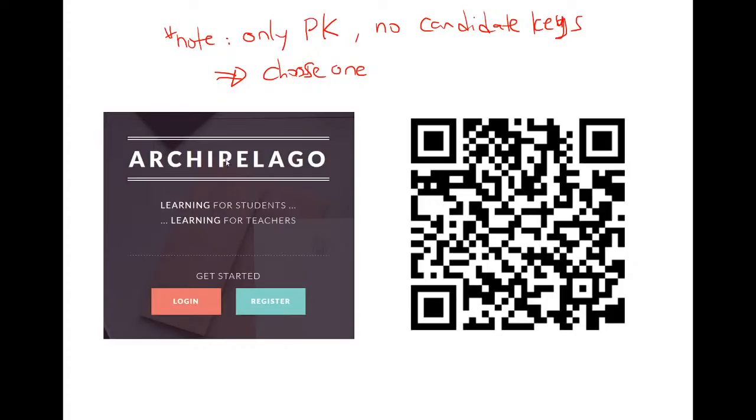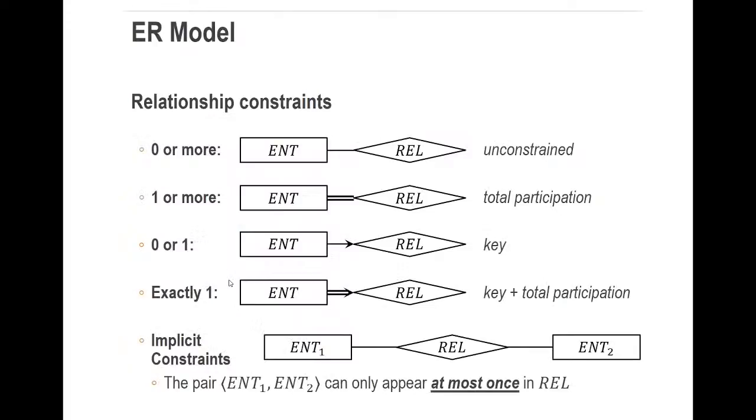Now we already talked about a simple entity set and a simple relationship set. We can now talk about the relationship constraints. There are actually only 3 kinds of arrows. If it's just a single line like this, we say that it's unconstrained.